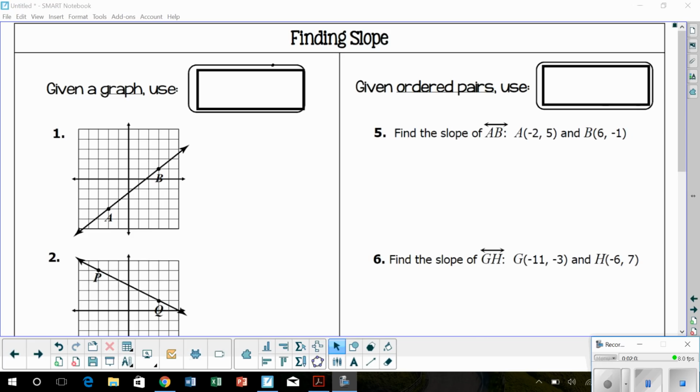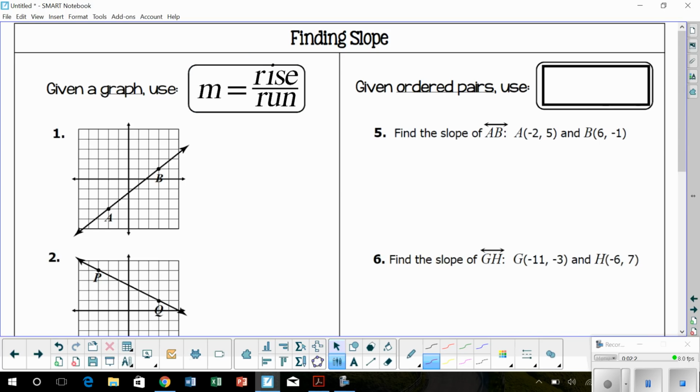All right, so for numbers 1, 2, 3, 4, you're given this graph and you're trying to find the slope. Remember, slope is just rise over run. So again, you want to look at this left to right. Because this one comes first, you're going to try to get to this one up here.